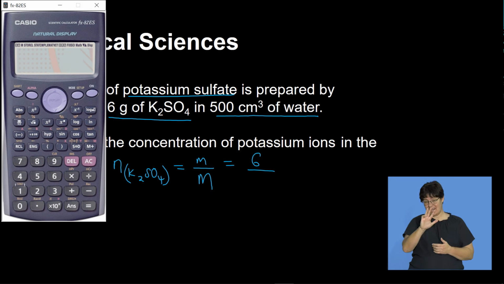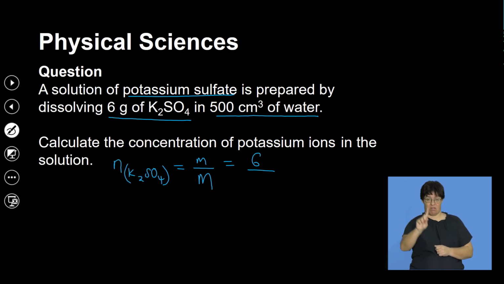So it's going to be 39 multiplied by 2, plus sulfur, which is a mass of 32, there's only 1 of sulfur there, plus oxygen, which is 16 times 4. What does this give us? It gives us 174 grams per mole. So that's the molar mass, 174 grams per mole.